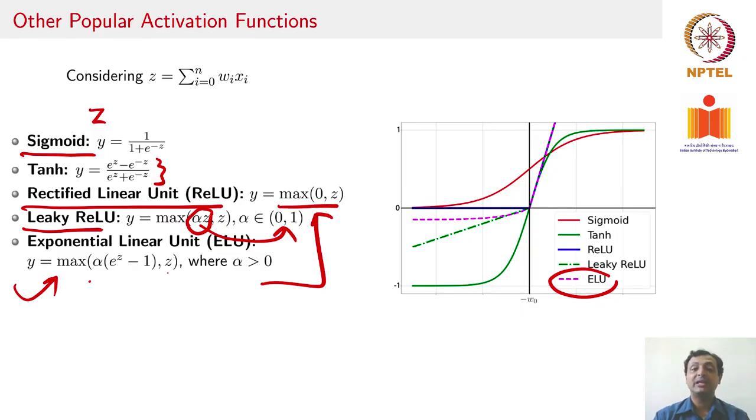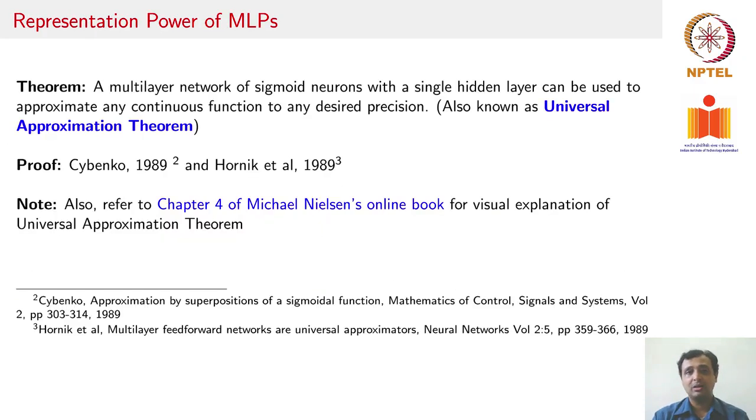We will see these activation functions a bit later in detail, but all that we are trying to tell here is that the activation function is important for us to understand how well multilayer perceptrons can model non-binary data, non-Boolean data. And that's where the study of the representation power of multilayer perceptrons, MLPs stands for multilayer perceptrons, comes in.